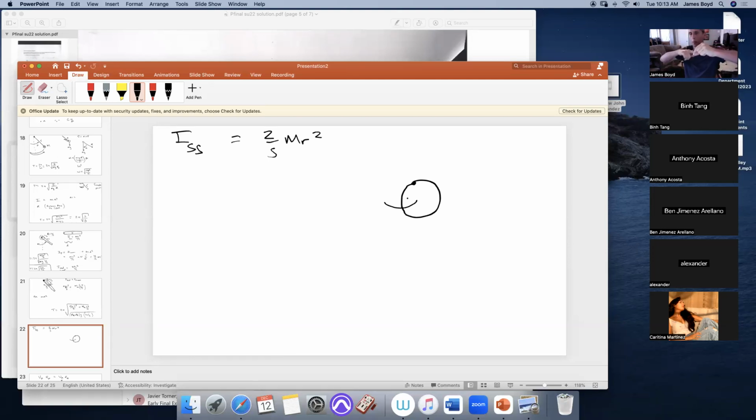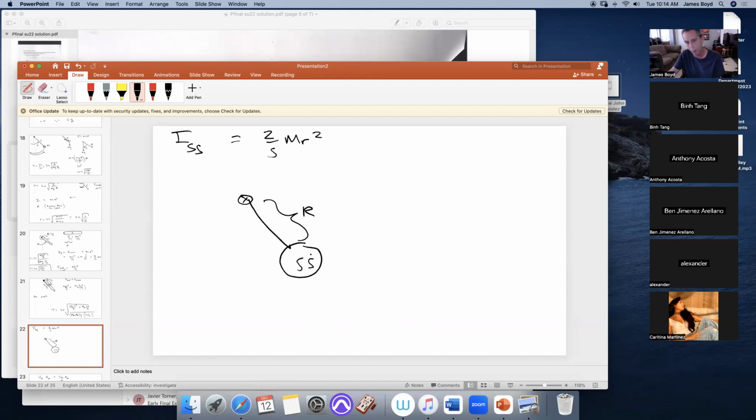Better yet, let's do this instead. I'm going to have a solid sphere that I attach to a rope. So this is a solid sphere, and that rope is going to be where my axis is. This distance I'm going to call big R, the distance from the axis to the center of the sphere. The sphere has a little radius r.